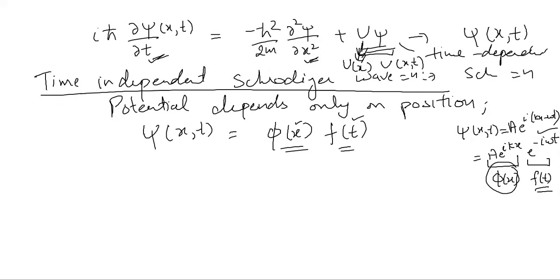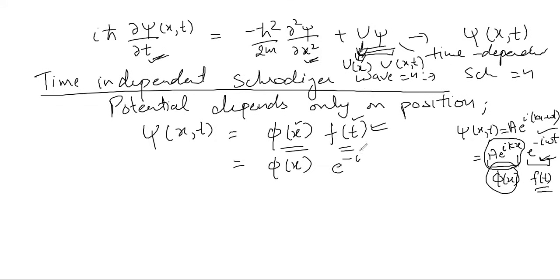Now I am saying that even if your potential is non-zero, and that potential is only dependent on position, it will only affect the position term. The time term will remain as it is. That means I can write this as phi x, and the time term, even though now your particle is sitting in a potential, will remain the same as it was for your free particle.